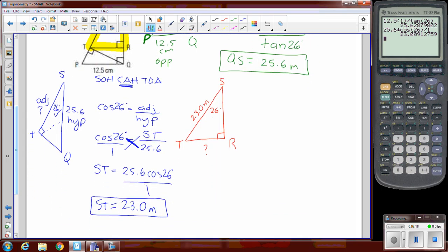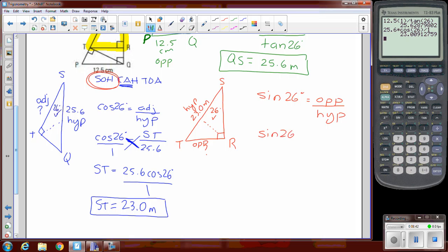So again, our reference angle now is 26, so we can label our sides. 23 is across from that, so that's my hypotenuse. RT now is opposite my reference angle. So if I look over here, that is opposite and hypotenuse, that's sine. So we'd be saying the sine of 26 degrees is opposite over hypotenuse.